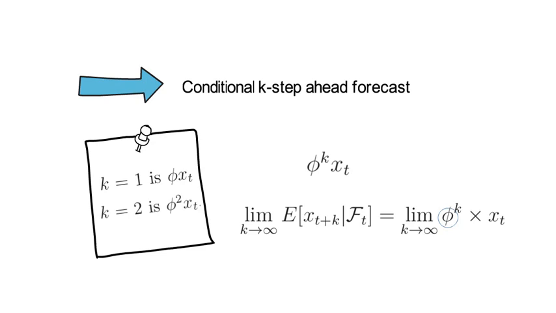Let's look at this first case. If the absolute value of phi is below 1, then we see that the limit of the conditional forecast of xt plus k approaches 0. Because if you have a number below 1 and you take it to the power of k and k goes to infinity, that converges to 0. Now case number 2 happens if the absolute value of phi is 1.